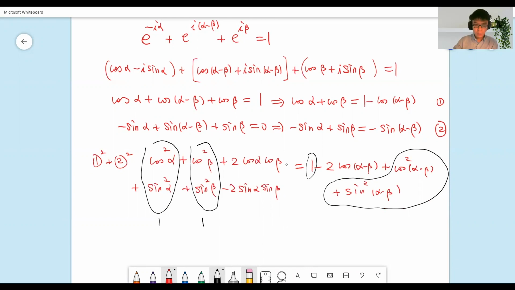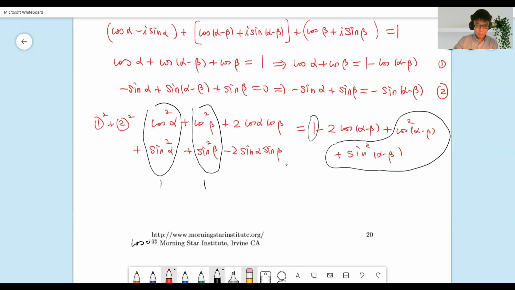On the left hand side, we have cosine alpha cosine beta minus sine alpha sine beta. On the right hand side is minus cosine alpha minus beta.